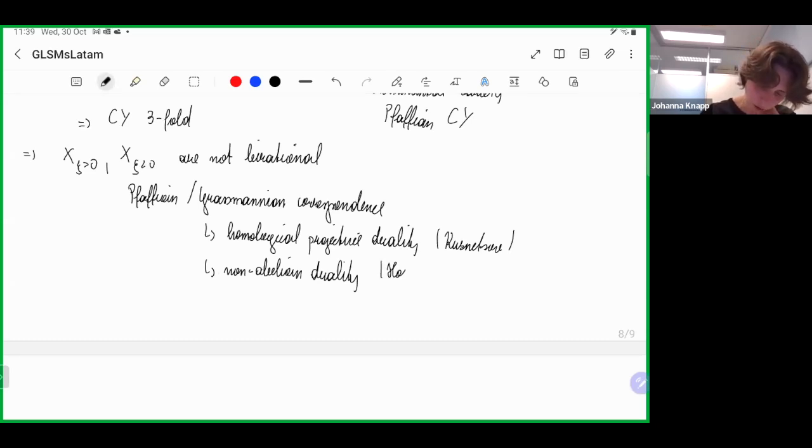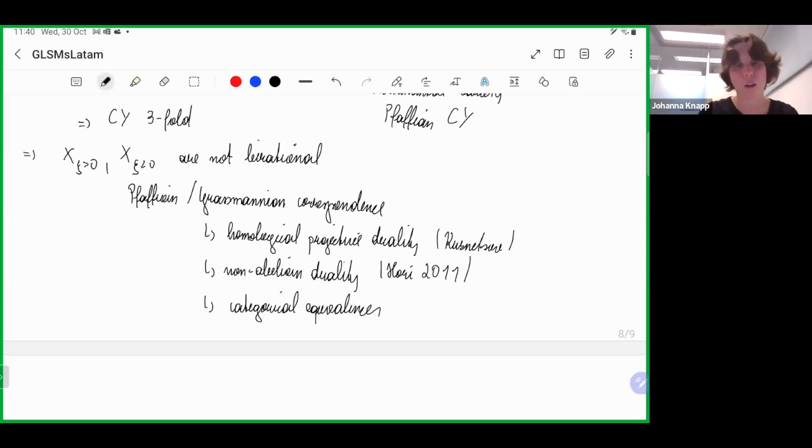And this is due to Hori in 2011. And there are also interesting categorical equivalences that have been intensely studied for these models in mathematics and also in physics in the last 10 years or so.